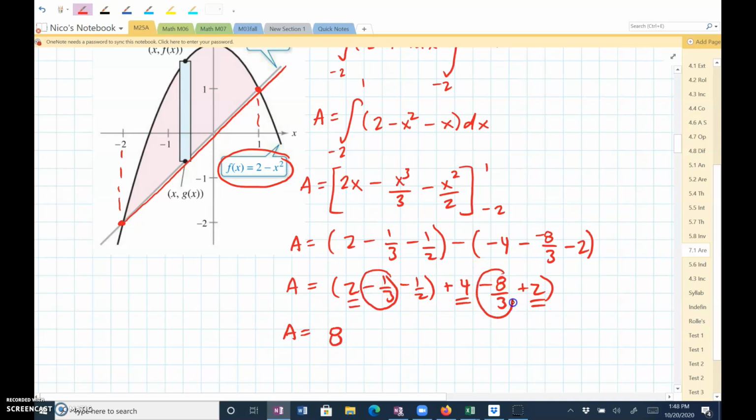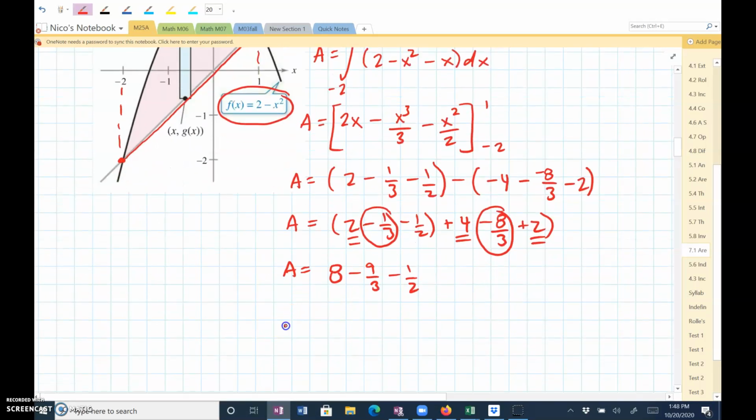Then this is going to be -9/3 minus 1/2, and this would be 3 minus 1/2. So that's going to be 4.5 units squared.